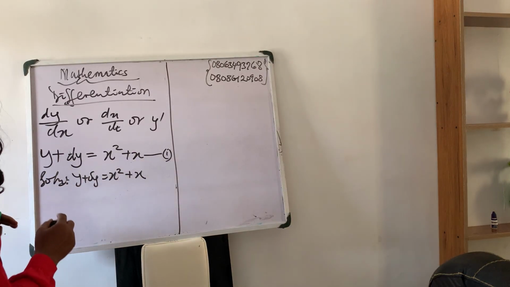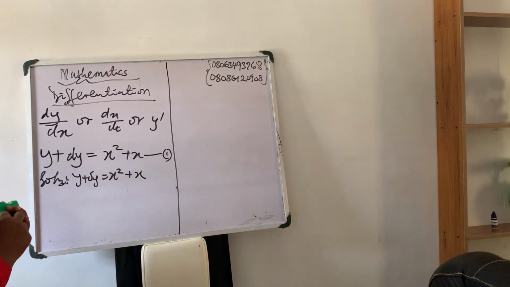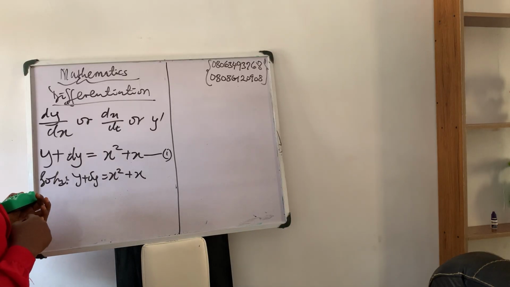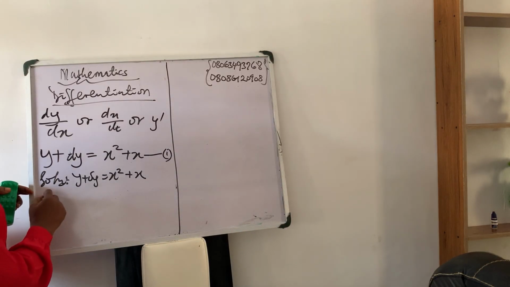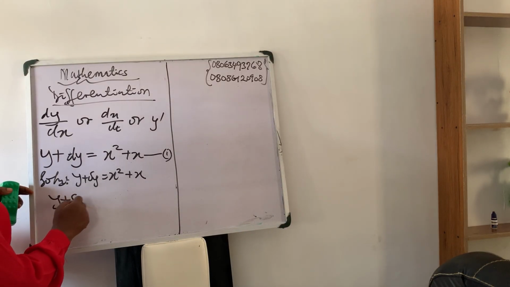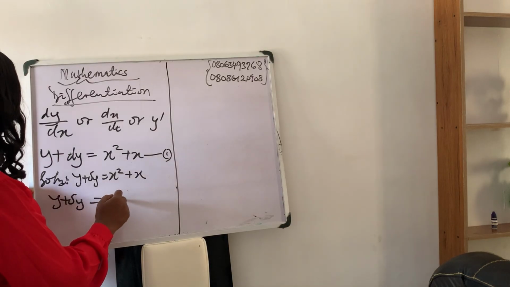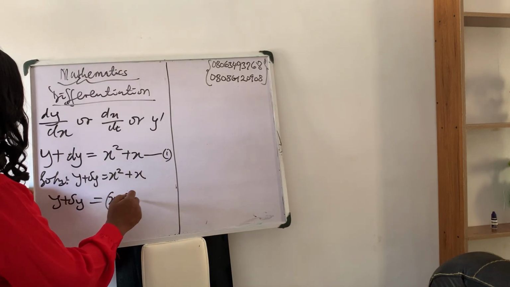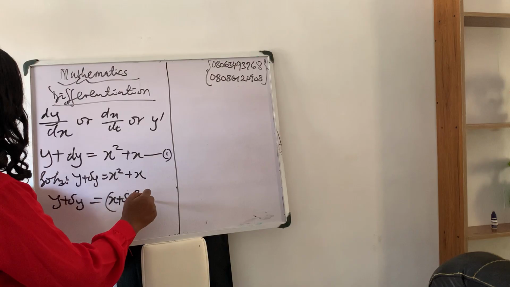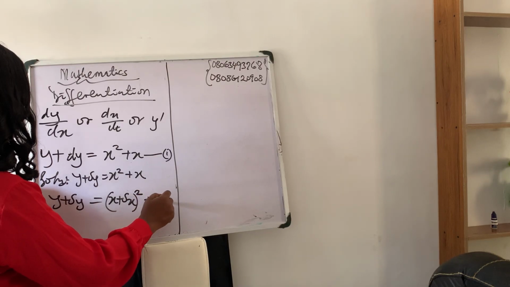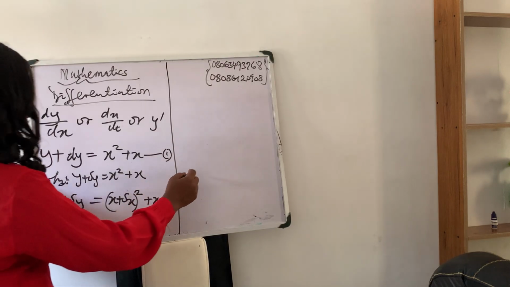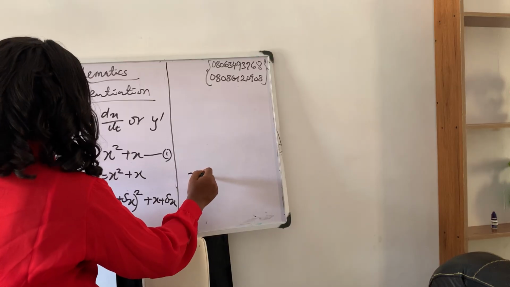Now, anywhere you see x, we are going to put x plus dx there. So this becomes y plus dy equal to x plus dx, all squared, plus x plus dx. Now let's do small arithmetic here.